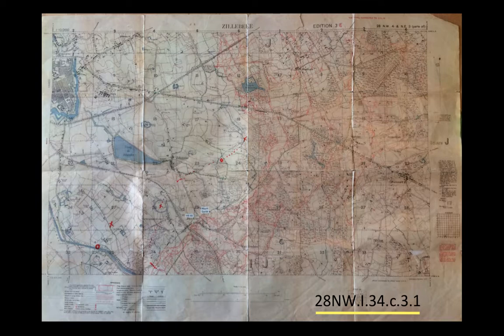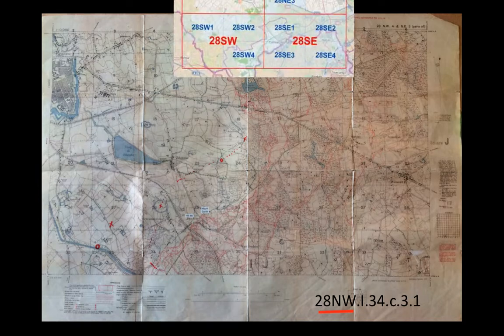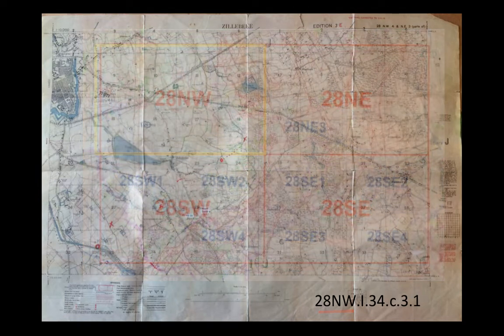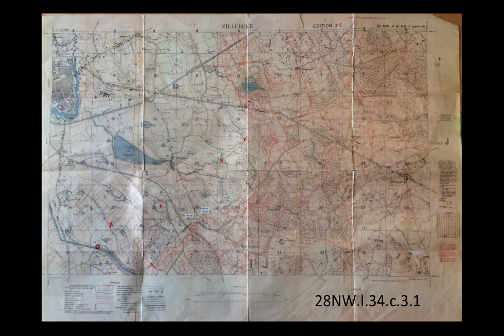Now, we already know what the first 4 numbers and letters designate. That's sheet 28, the northwest quadrant. Now, each quadrant of those base maps is divided into 24 squares, each of which is given a letter designation, A through X. In our case, we're looking for square I, which is on the left-hand side here.